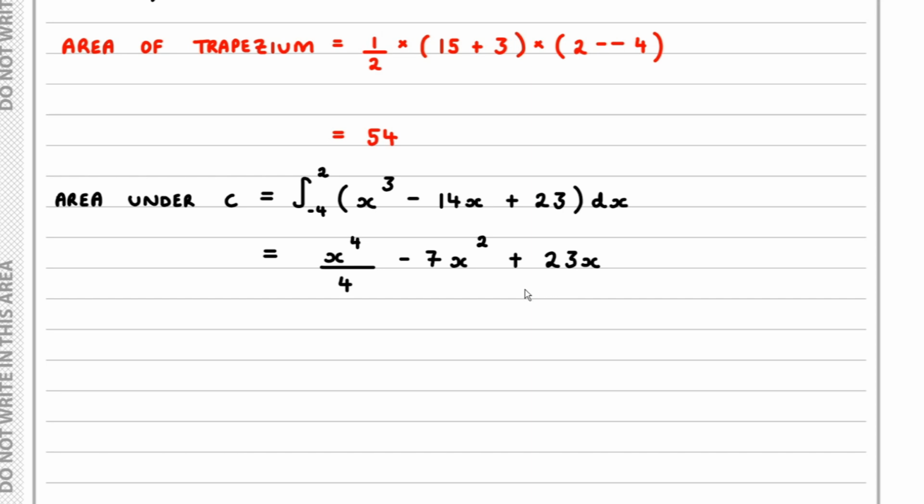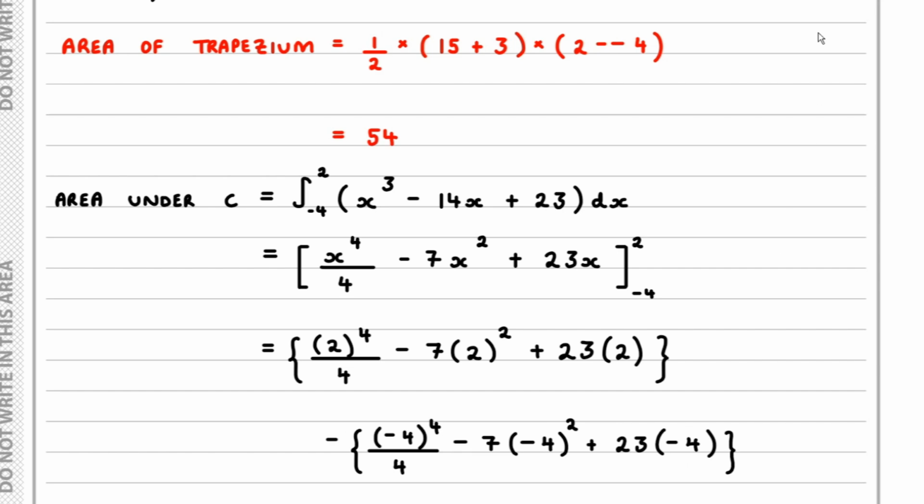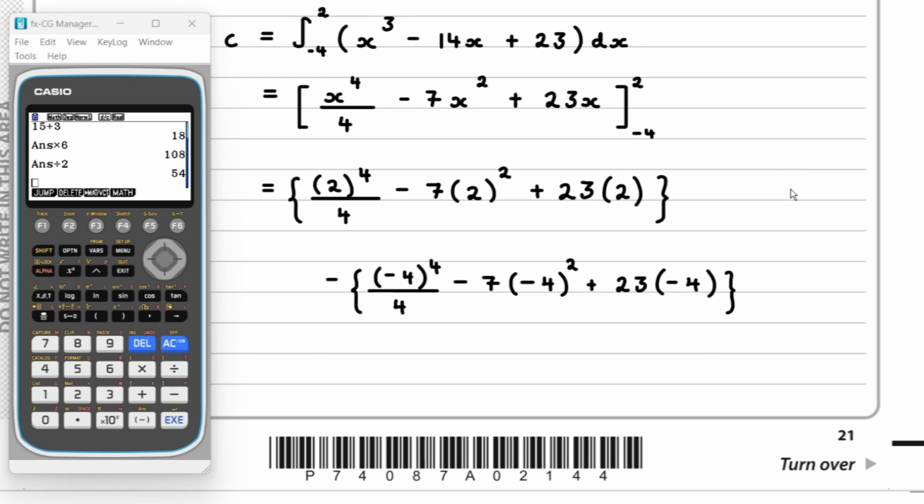And so we need to integrate between negative 4 and 2. So if I substitute in for my upper limit, I've got 2 to the power of 4 over 4, subtract 7 multiplied by 2 squared, plus 23 multiplied by 2. And for my lower limit, I've got negative 4 to the 4 over 4, subtract 7 multiplied by negative 4 squared, plus 23 multiplied by negative 4. So let's work this out.